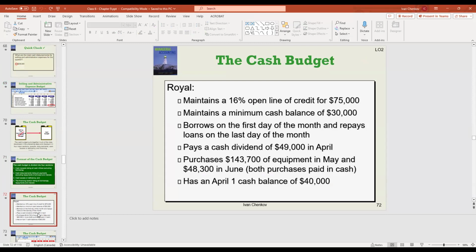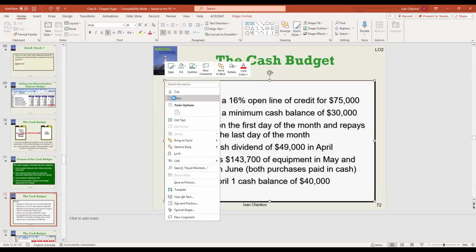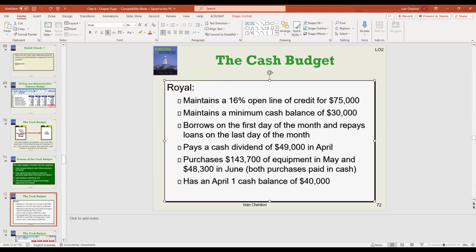The cash budget is probably the most interesting budget that has to be prepared because it has all the information that you need for the entire month. Now, this company gave us a little bit of information. I'm going to copy this and flip it again to the Excel spreadsheet.